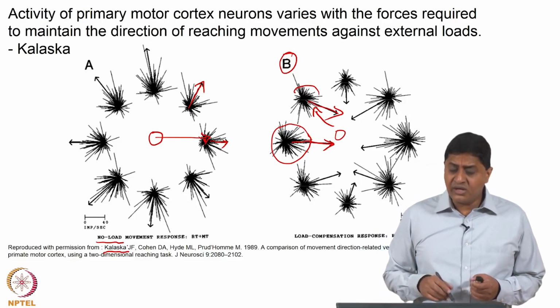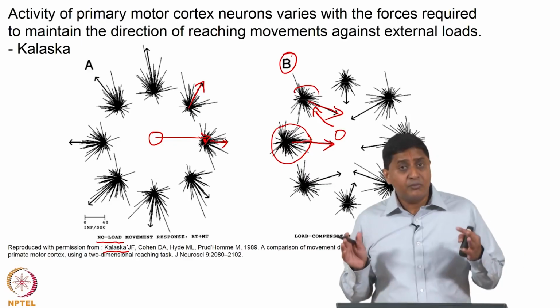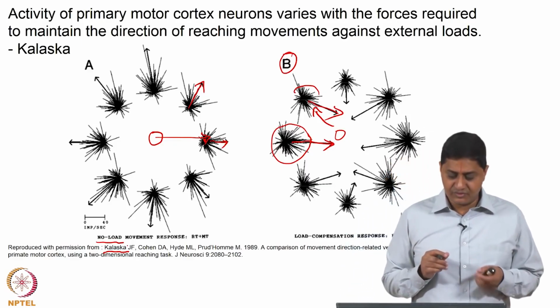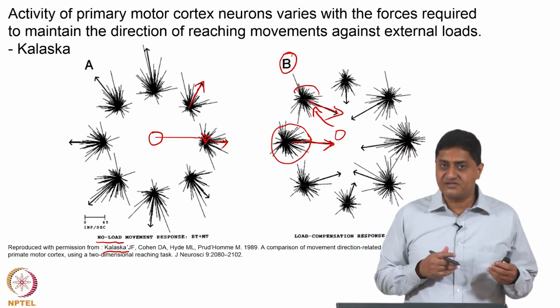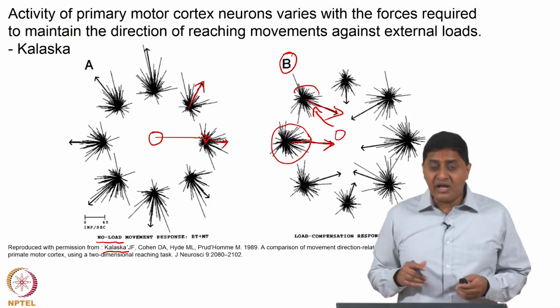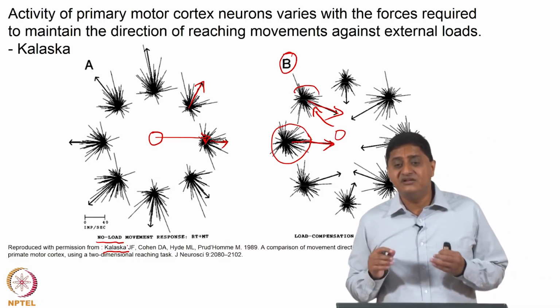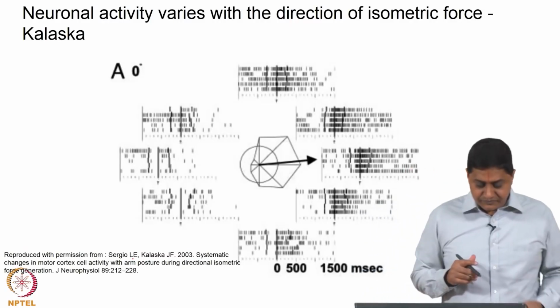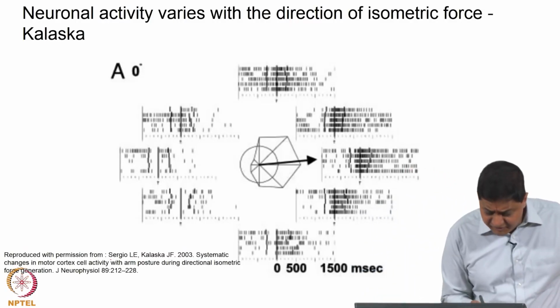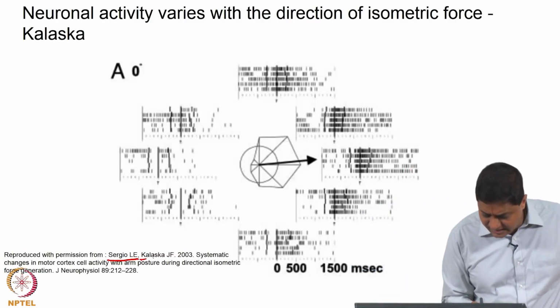Now, this is again activity of a population of neurons. That was also the case with the previous work of Andy Schwartz and his group. What happens with individual neurons? This is data from Sergio and Kalaska.